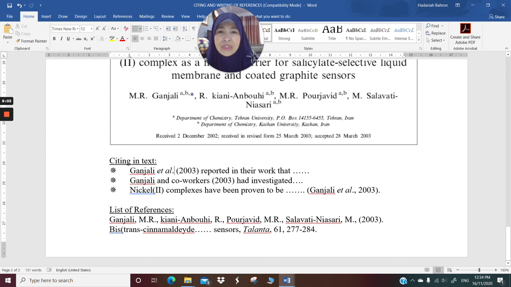You have to write them in this way. Ganjali is the surname of the first author appearing here. So it's Ganjali, comma, M.R., comma, Kiani Anbuhi, and so on and so forth. The year it was written, the title of the paper, the title of the journal, the volume, and the page number. So that is the sharing for today.